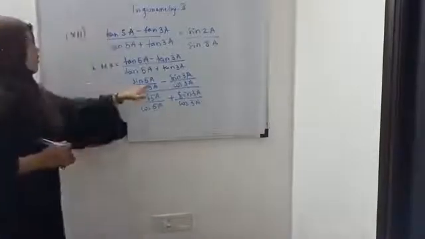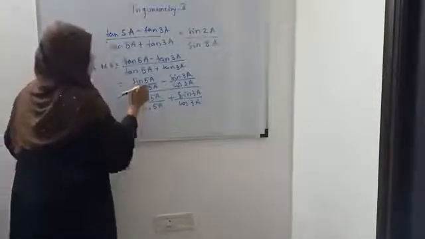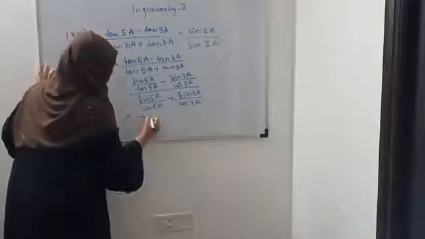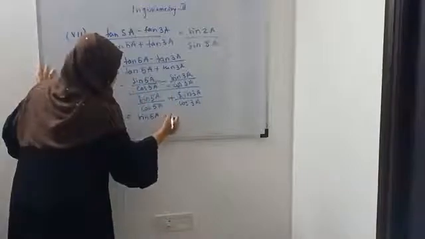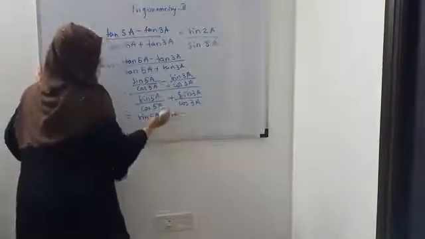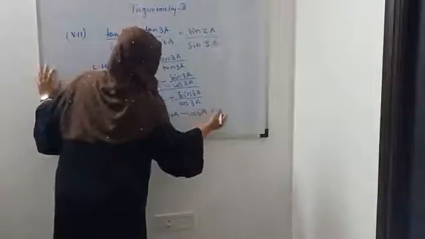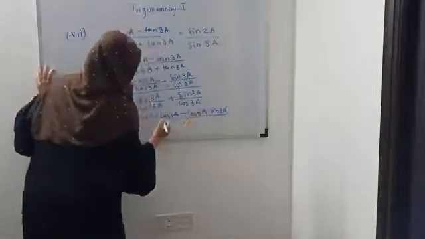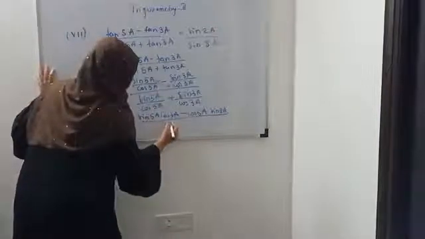So we will do cross multiplication over here. In the numerator, (sin 5a cos 3a - cos 5a sin 3a) divided by cos 5a cos 3a.